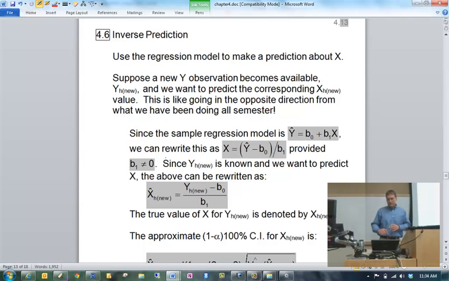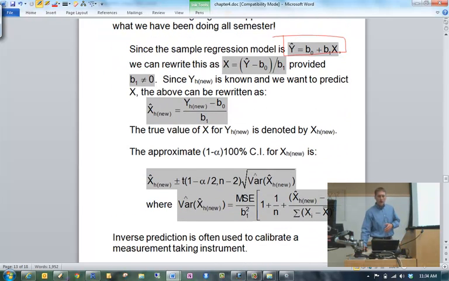Here's how. Let's say I have a new y value, and this is the book's notation, they call it y hat new. I'll just say y new. It's just easier to say. And you want to predict, well, what will be the corresponding x value, which our book denotes as x new. Well, again, we have this mathematical relationship with respect to our regression model. So you might think, how about we just solve for x?